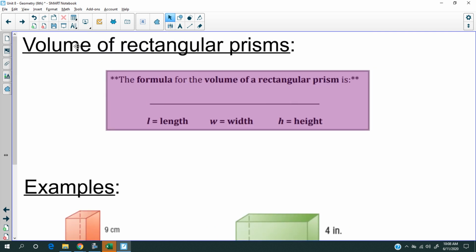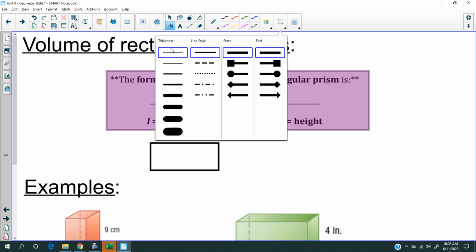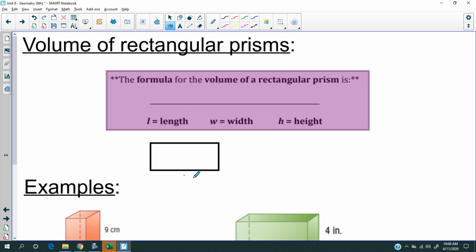So volume, right? What does volume mean? Let's talk about this. Let's say we have a shape. A polygon is a 2-dimensional figure, right? So here we have length and width. Those are the only 2 dimensions. Now, there are 2 things going on here. The distance around the shape.